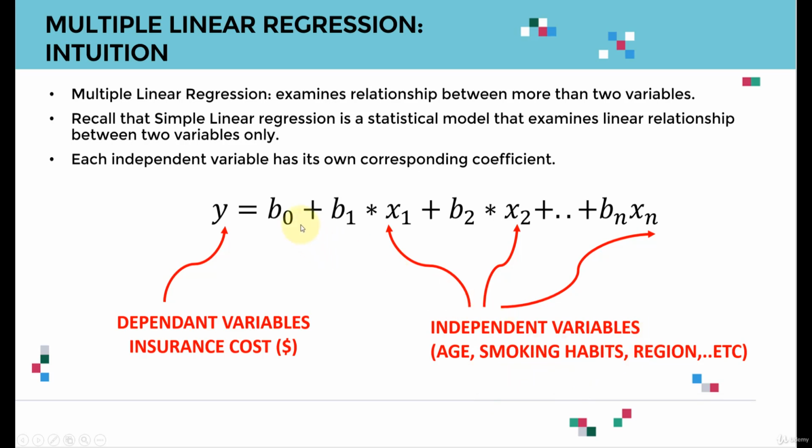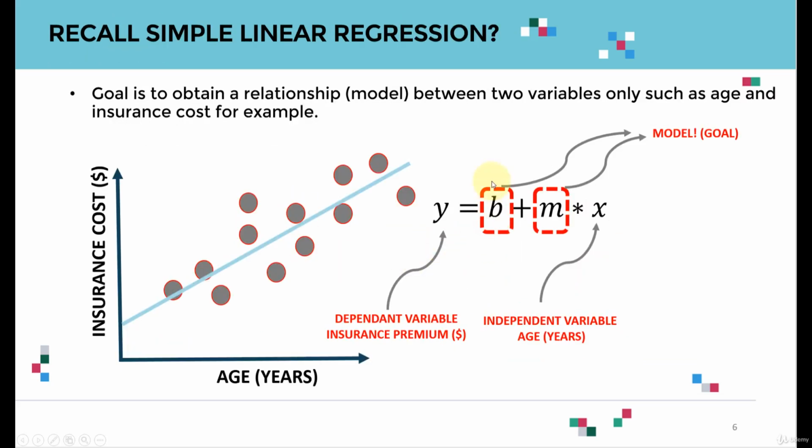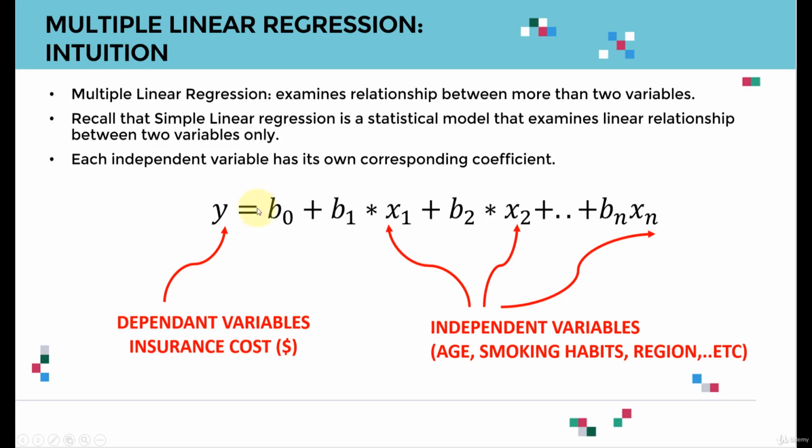And now I have multiple coefficients. I have b1, which is the coefficient of x1, b2, which is the coefficient of x2, and so on. And I also have a bias term, or b node. Basically, this is equivalent to the y-intercept, so I have a fixed constant.